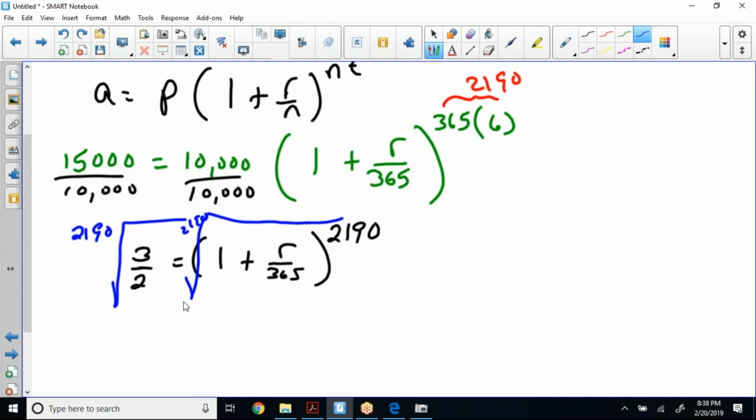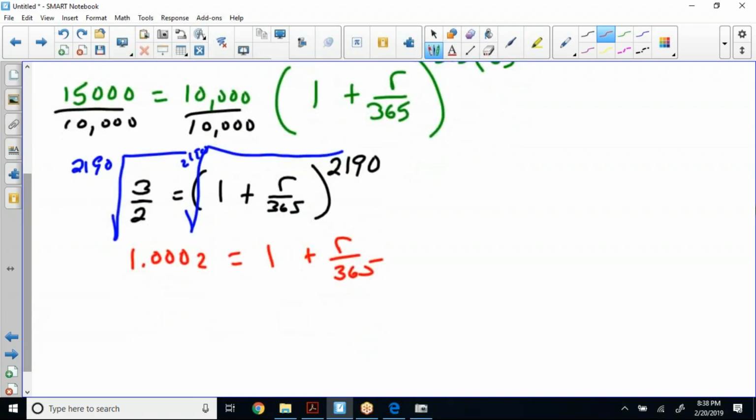My calculator will allow me to do that. If I do 2190 and then the root, what I get as a decimal is 1.0002 equals 1 plus R divided by 365.